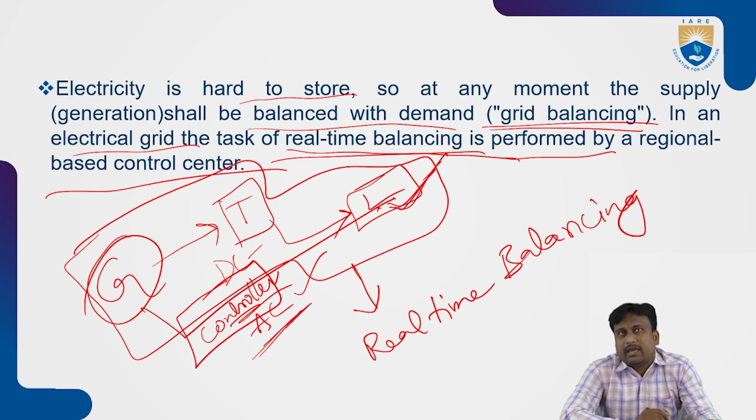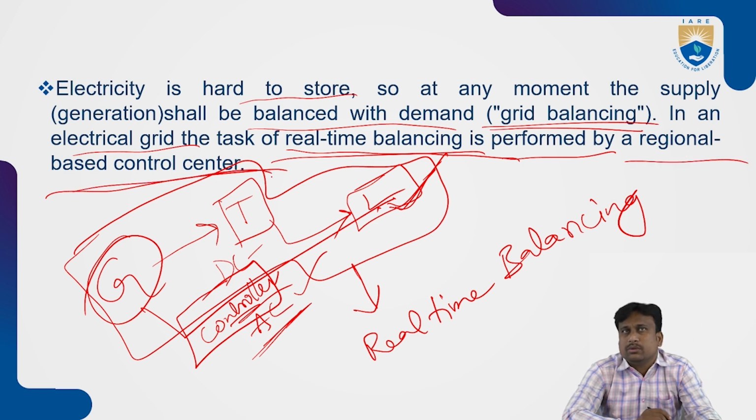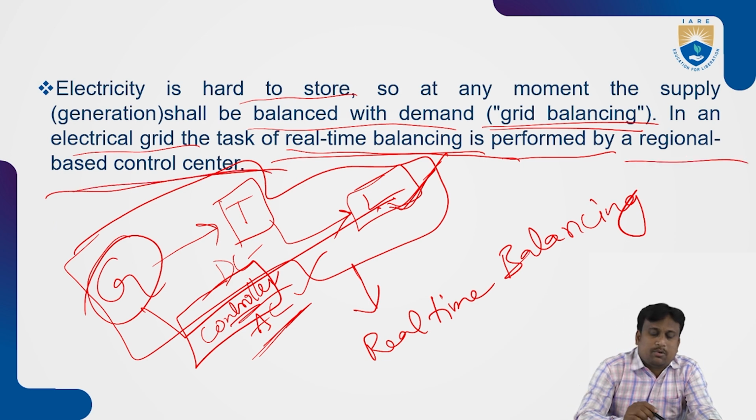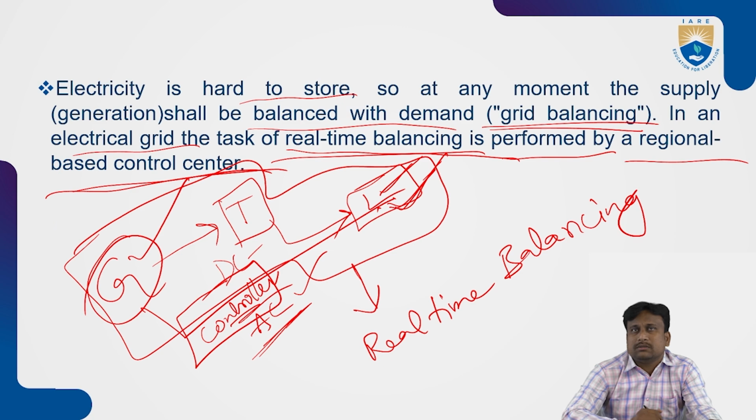They take care of all this real-time balancing of the power system networks. The main functionality of the regional control center is that whatever amount of power is generated should meet the load requirement.